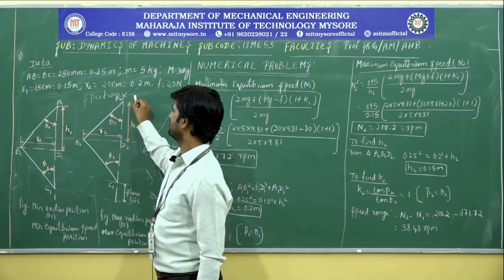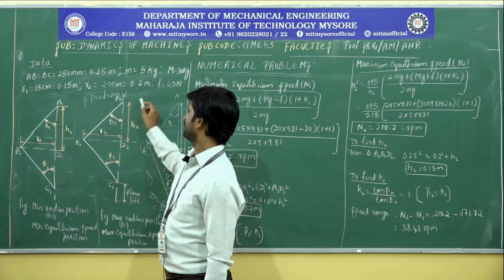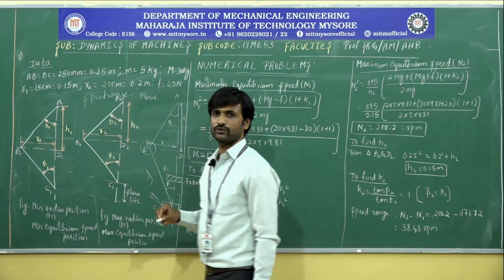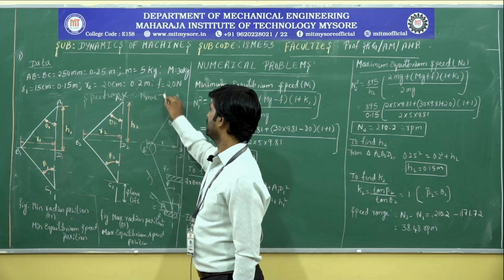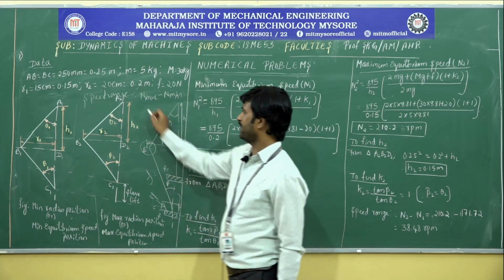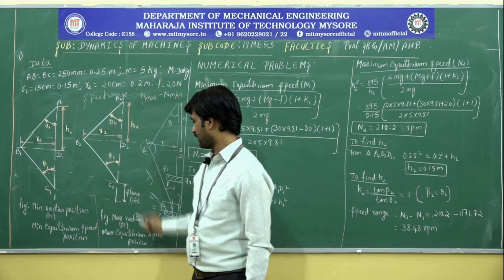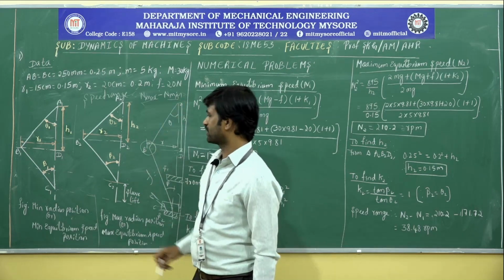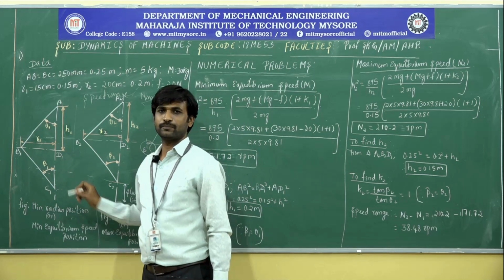So speed range is nothing but the difference between the maximum speed at which the governor is going to work minus the minimum speed at which the governor is going to work. So we get the maximum speed of the governor at maximum radius position, and we get the minimum speed of the governor at minimum radius position.